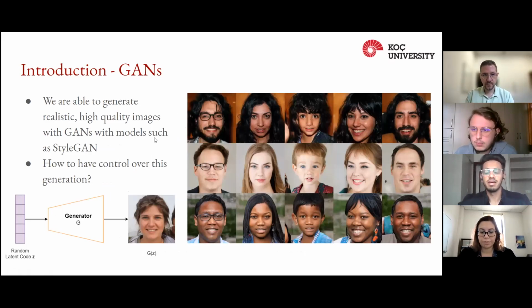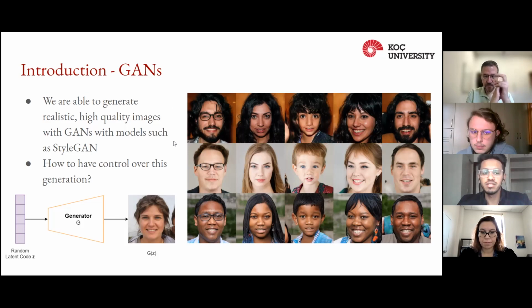The StyleGAN architecture has progressed really well, and it can generate really realistic looking images. For example, on the right, you can see a lot of face images that look like real images. However, they have been generated by the StyleGAN network.